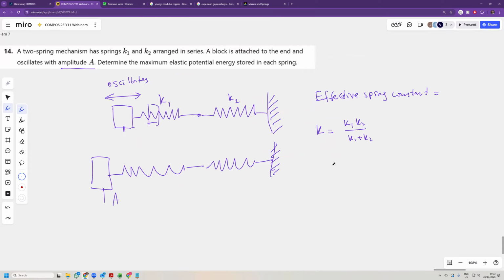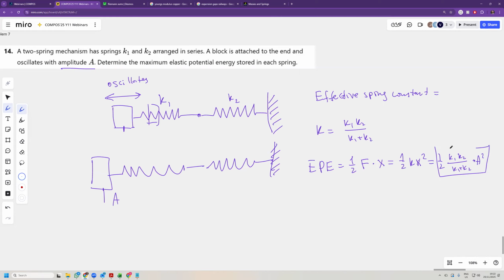So the elastic potential energy is 1/2 F times delta X, F times the extension, and the extension is the amplitude, the maximum, how far you take it, and F is kx as well. So it's 1/2 kx squared. So it's 1/2 K1 K2 divided by K1 plus K2 multiplied by the amplitude squared.